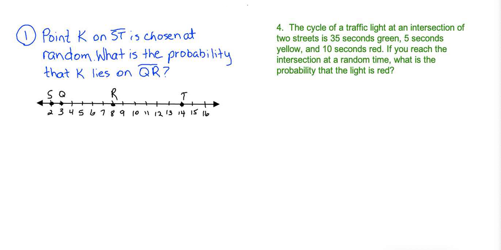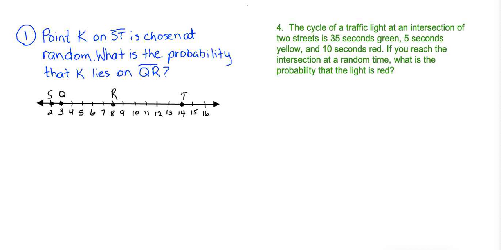Now let's look at a couple of examples that I've chosen for you that are exactly like the ones I've asked you to work. Number 1 says point K on segment ST is chosen at random. What is the probability that K lies on segment QR?